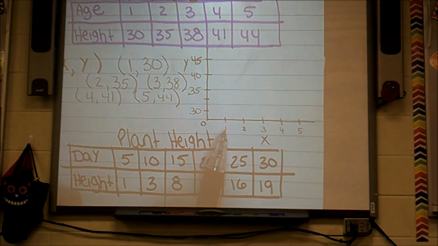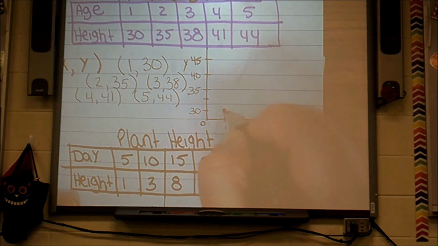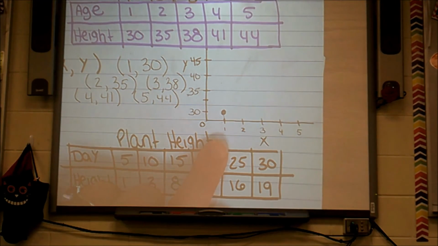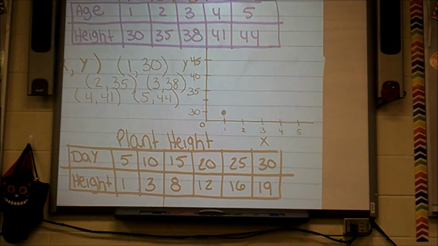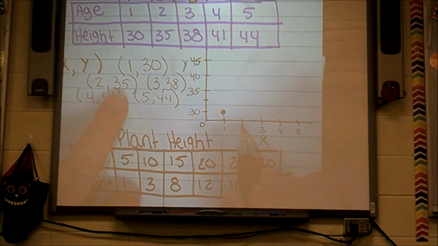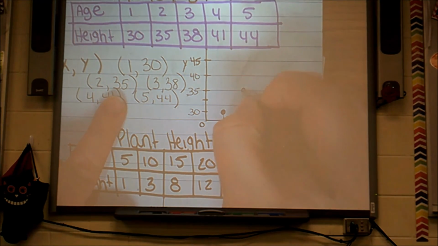So I'm going to go over 1, and I'm going to go up to where that 30 is. And that is where I'm going to plot that first point. So, when Ryan is 1, he is 30 inches tall. My next point says when Ryan is 2, he is 35 inches tall. So I go over to the 2, and I go up to the 35.